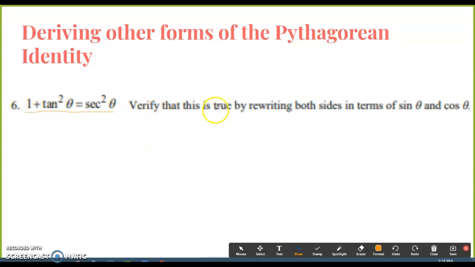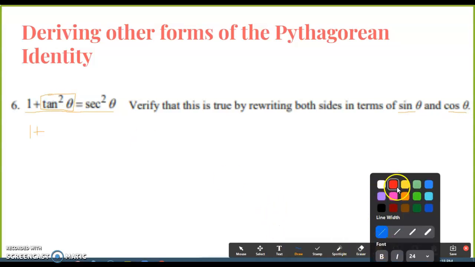First thing I want to do is rewrite both sides in terms of sine of theta and cosine of theta. And we have to remember our identities. Okay, so 1 we know is just 1. So I'll just rewrite that down here, plus tangent squared theta.